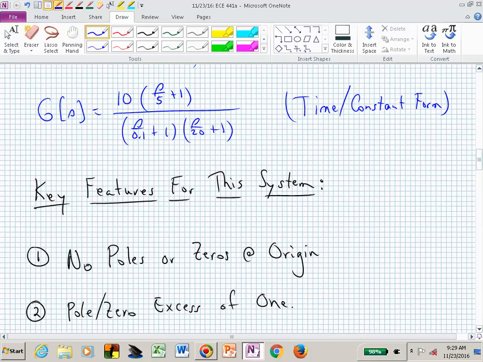So the phase curve is spread over 2 decades, and consequently we start a decade before and we end a decade after with respect to our slope changes. And the phase starts and stops. It's unlike the magnitude. The magnitude, you just have to turn it on and forget it. It's like an infomercial. You turn it on and forget it. Here you don't. With phase, you have to actually start it and stop the slope.